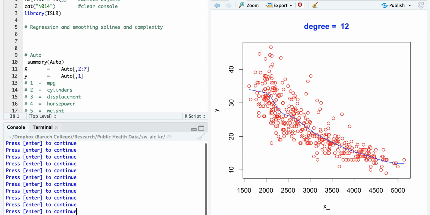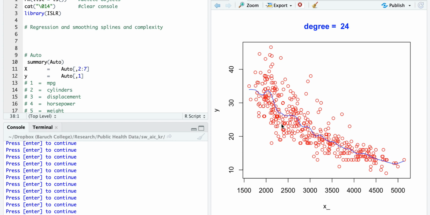As we increase the degrees, the curve becomes more wiggly, becomes more complex, and it tries to capture the idiosyncrasies in this particular data set, which we do not know. We don't know whether, yes, it should go down and go up, maybe that's something meaningful, or is this just the idiosyncrasy of this specific data set?